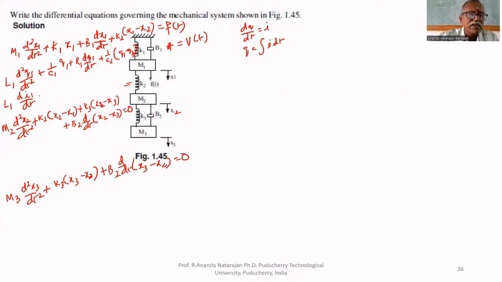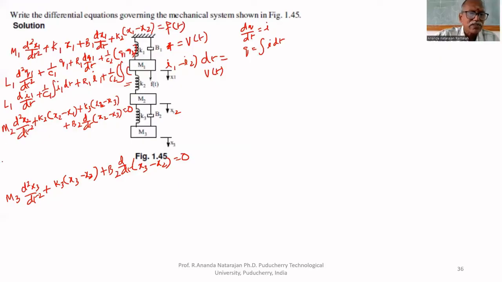Therefore, L1 di by dt plus 1 by c1 q, where q equals integral of I dt. Therefore, integral of I1 dt plus R1 I1 plus 1 by c2 integral of I1 minus I2 dt equal to v of t. So we got it in terms of current.